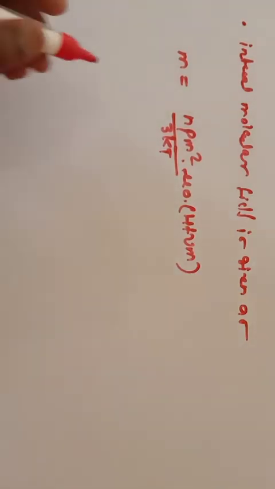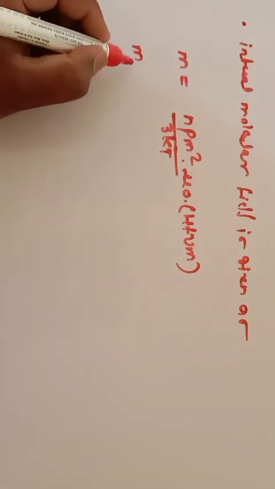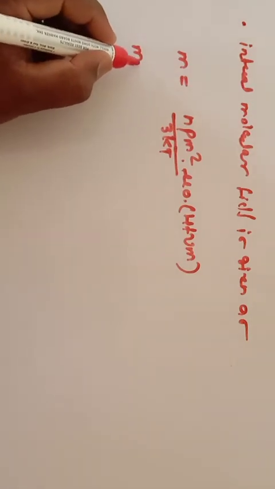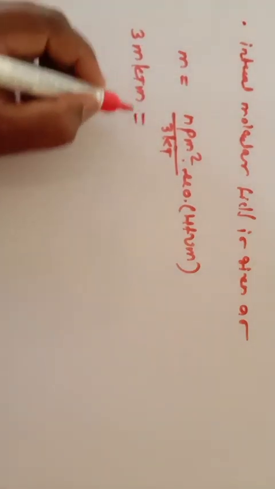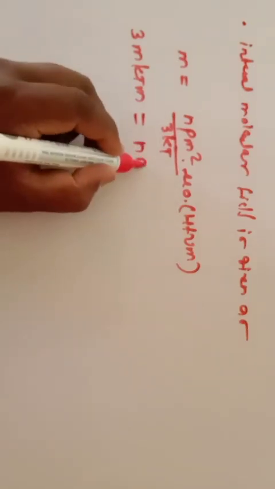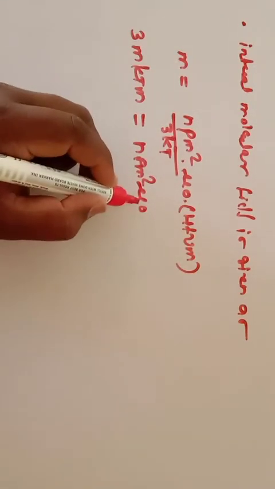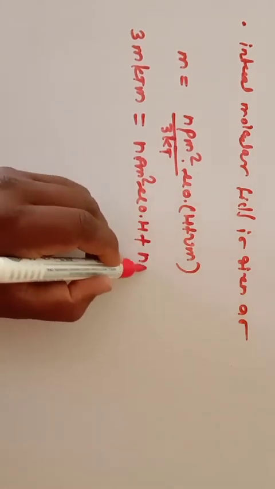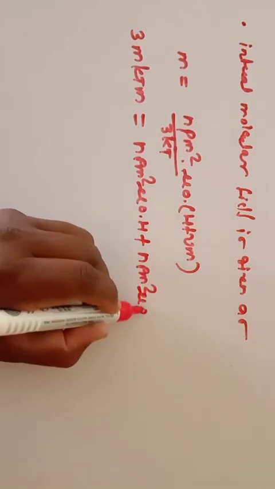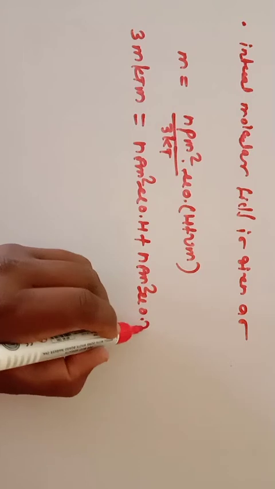So let us solve it. We can write 3kT M, which is equal to N Pm square mu 0 into H plus N Pm square mu 0 into gamma M, after multiplying by 3kT.